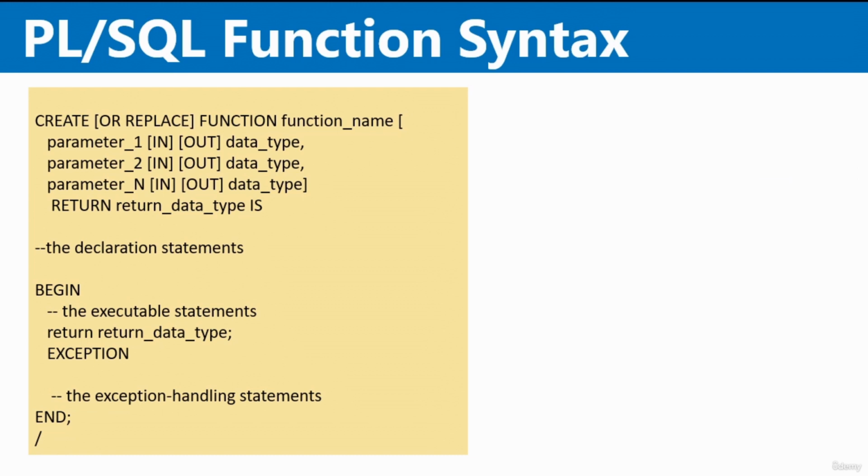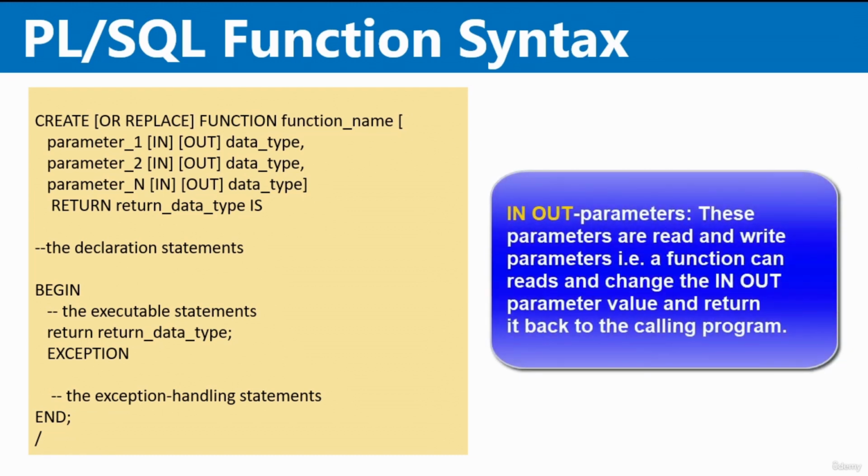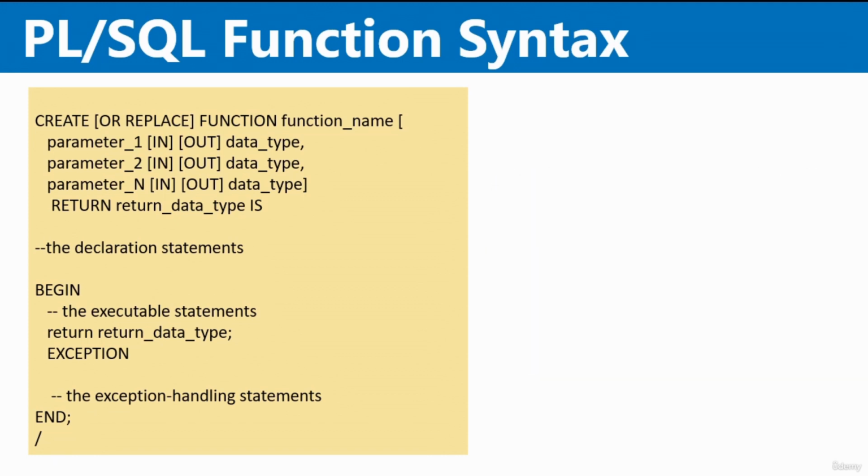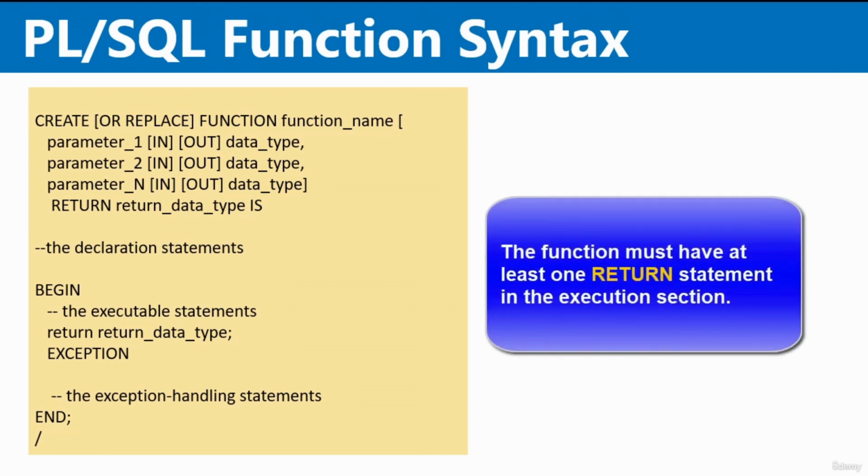The in-out parameters are read and write parameters. That is, a function can read and change the in-out parameter value and also return it back to the calling program. A function must have at least one return statement in the execution section.